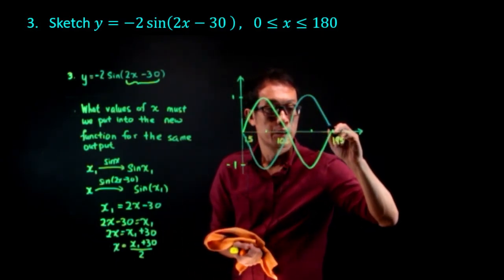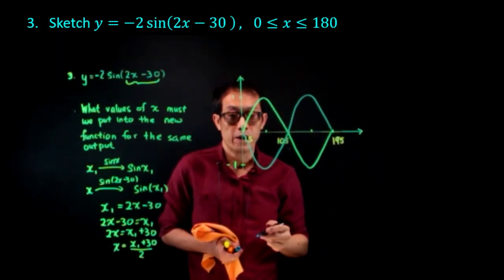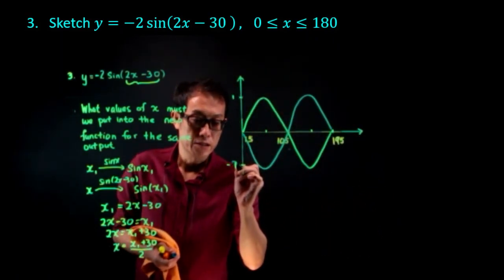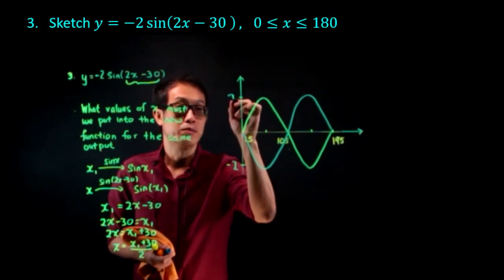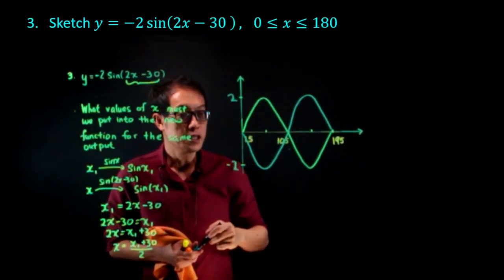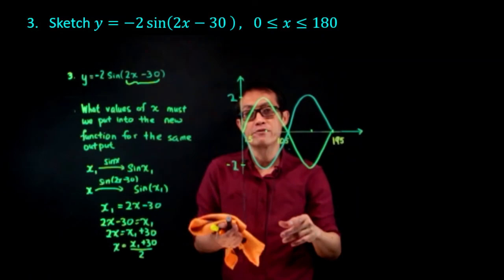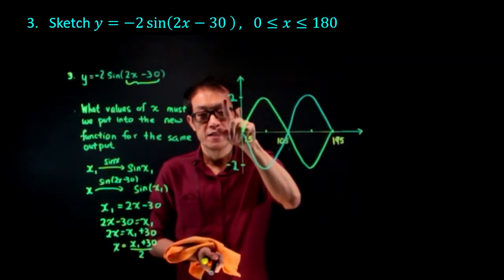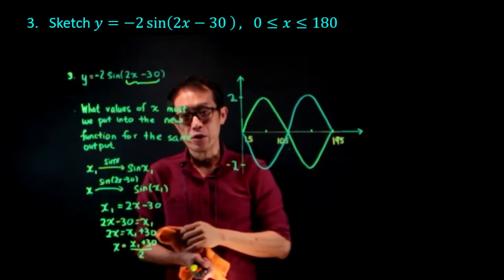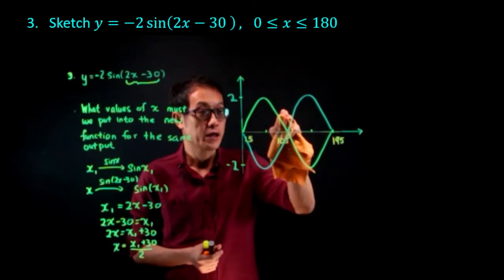Okay. Now, this coordinate will be changed to minus 2. And this will be 2. You see, instead of moving the graph, sometimes I just change the numerical value. It's much easier that way.